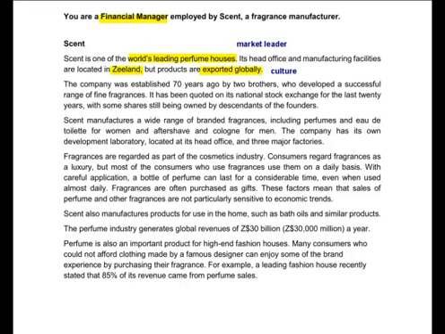Now we move on here. We can see that the company was established 70 years ago by two brothers, and they are quoted on the National Stock Exchange.